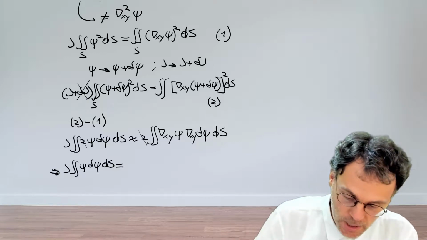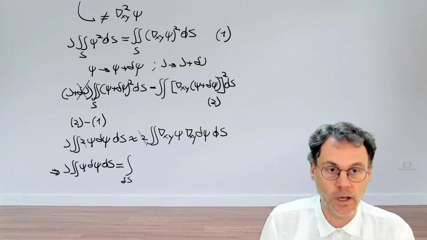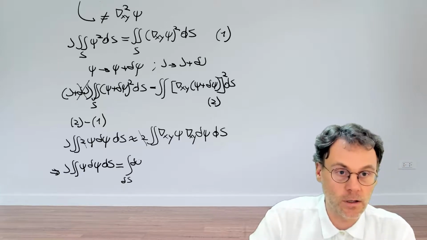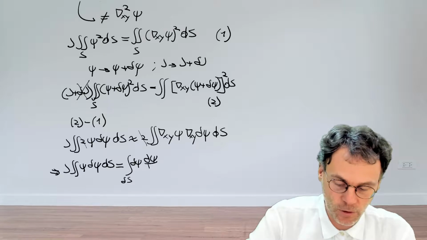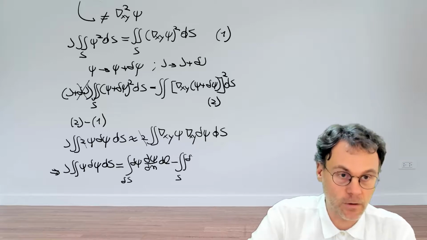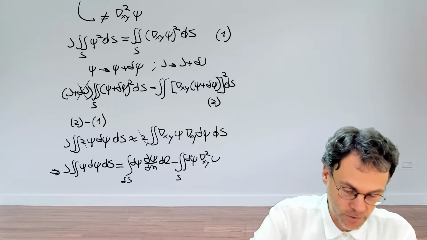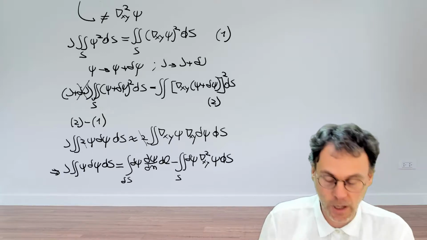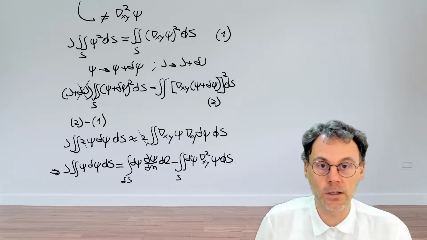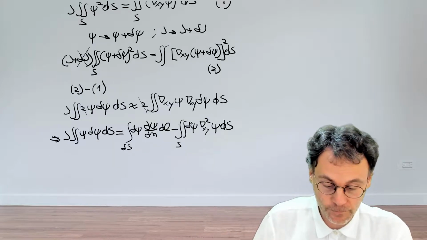So we have here an integral over the boundary of S of delta psi times the normal derivative d psi dn dl. Then we have the integral of delta psi times the Laplacian of psi ds. So again, exactly the same as we did in the textbook for a different case, just 1 dimension lower.